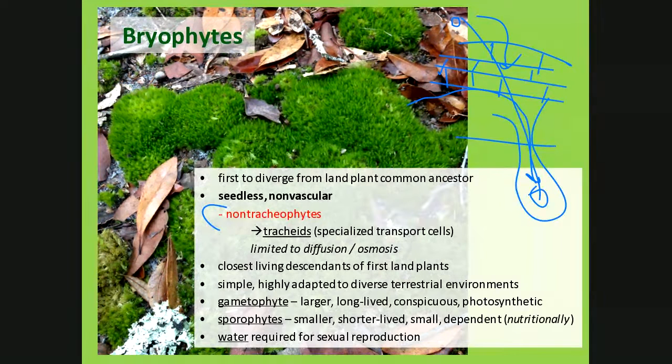Like the gametophyte with mosses, that green that you see in the picture there, that's the most obvious. That's the most conspicuous. So sometimes the term they use is the dominant. So the dominant generation among bryophytes is the gametophyte, all right? It's the bigger one. It's the one that you typically see when you think about a moss. Many of you maybe until yesterday never realized there were those little tiny sporophytes that stuck up out of a moss, but the sporophytes are going to be a lot smaller.